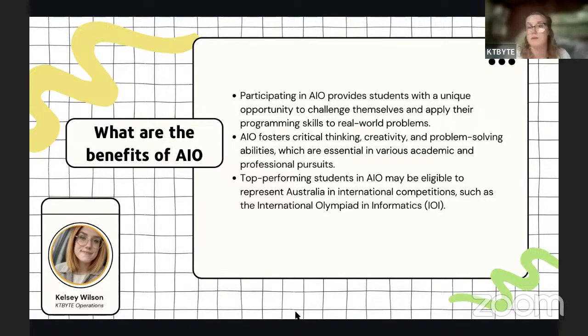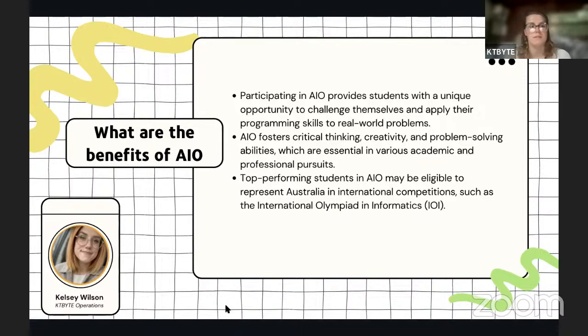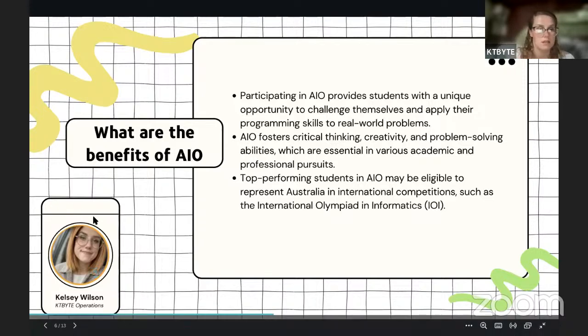Obviously, these are really, really high goals, and that's not unattainable. With the AIO, it's similar to the USA Computing Olympiad, where if you do really well, you are able to go on and participate in the International Olympiad of Informatics.